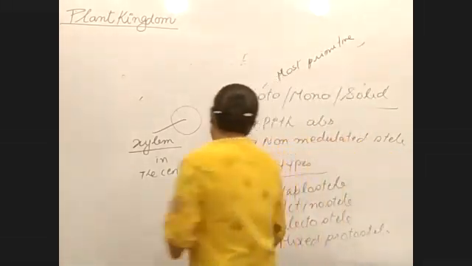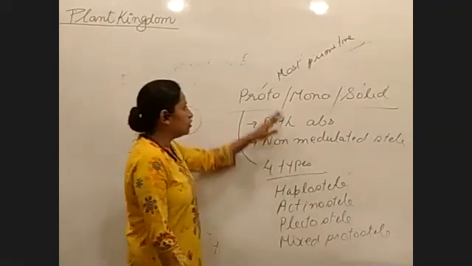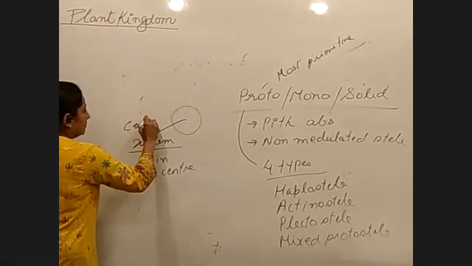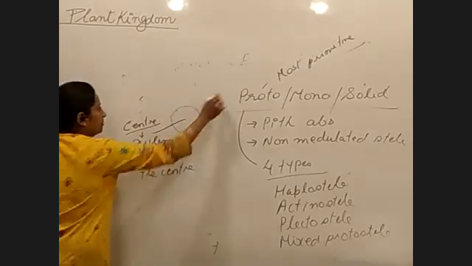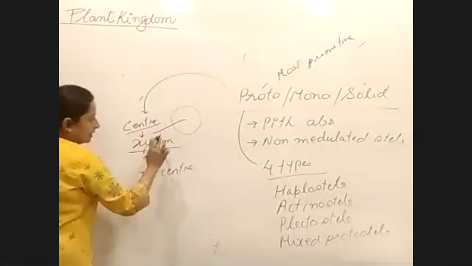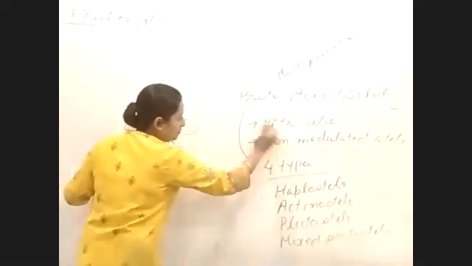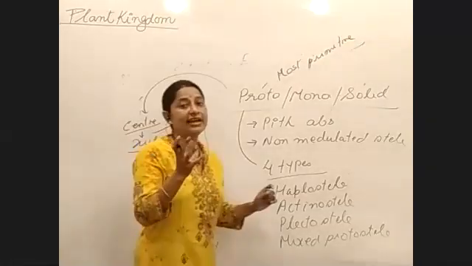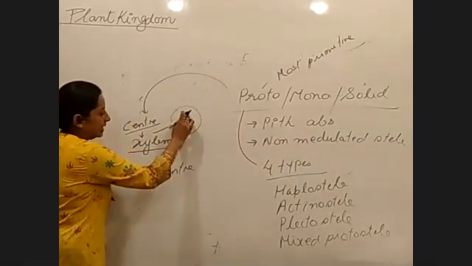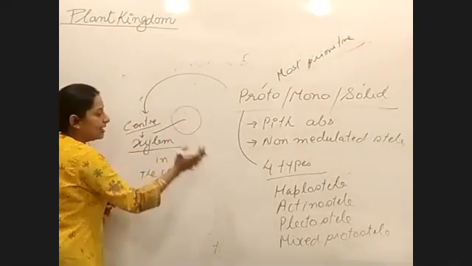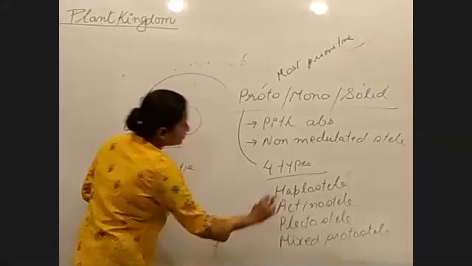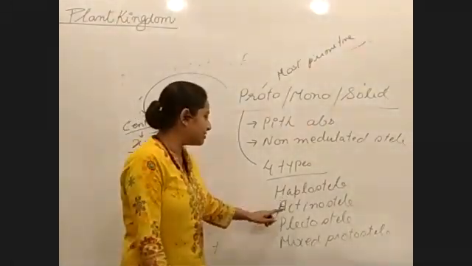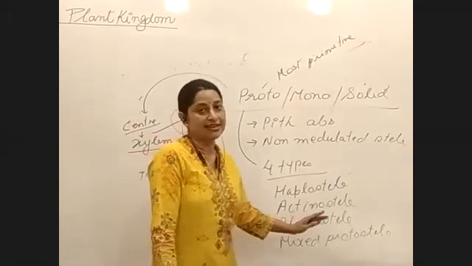Clear? So in protostele, what will we find in the center? Xylem. Why xylem in the center? Because pith is absent. Now, depending on the structure of the xylem, how the xylem in the center looks, we have four types of protostele.